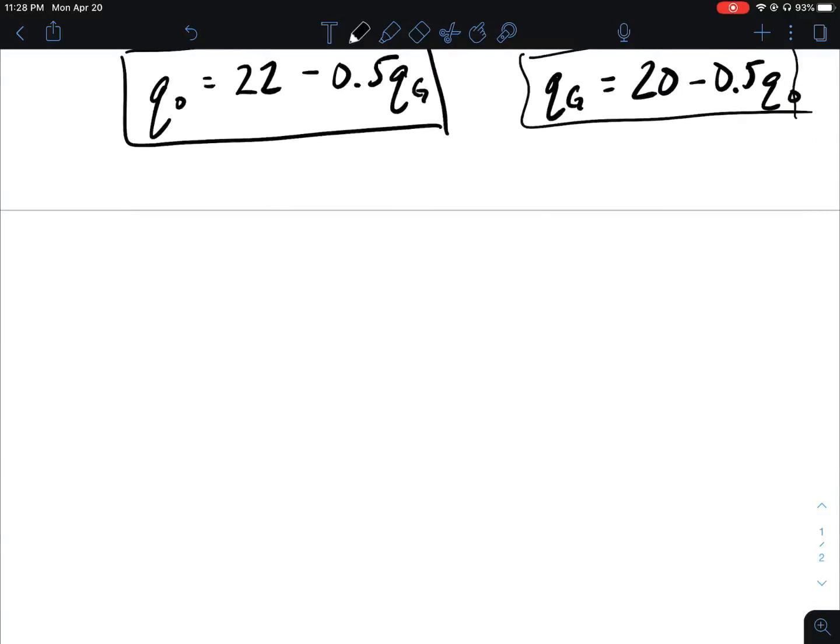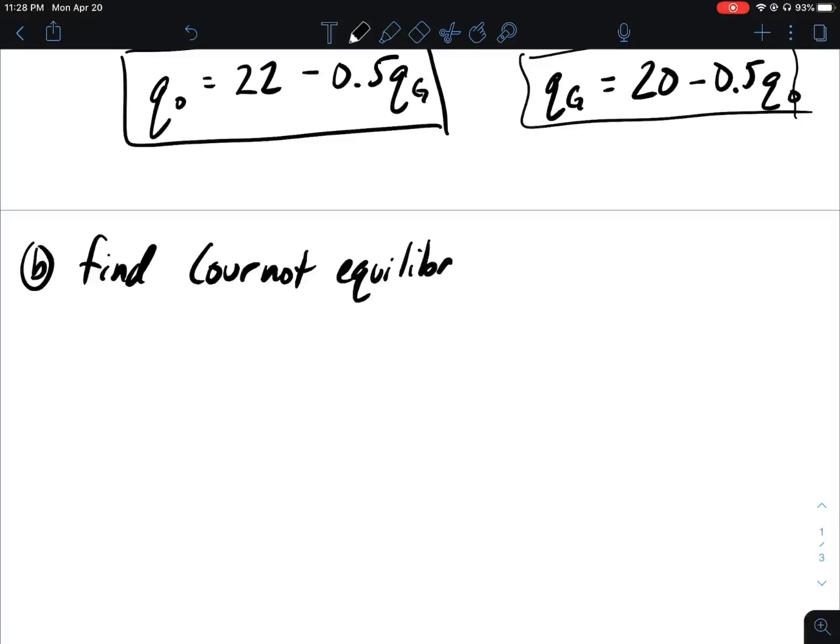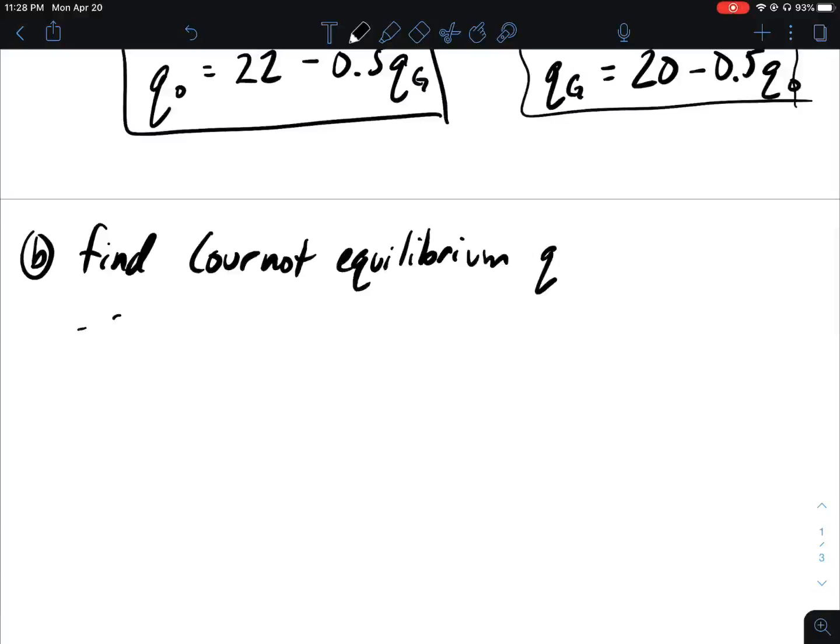Next step, we have to find the equilibrium quantity for each firm. Important to remind yourself too that this is the Cournot equilibrium. So the first thing we're going to do is sub one of those reaction functions that we just solved for into the other.